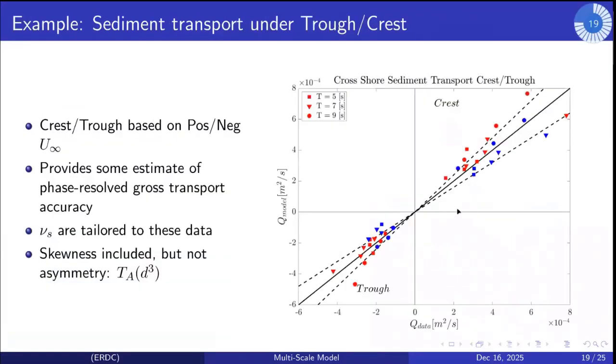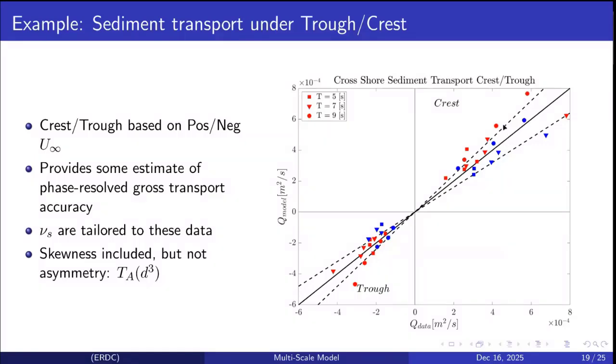Okay, so when it comes now to actual comparison to actual data, let's return to the bar set experiment, which we first used to compare our velocity profiles. And what I've shown here is transport that goes on in the suspended load, which are red dots, and in the bed load, which are blue dots.